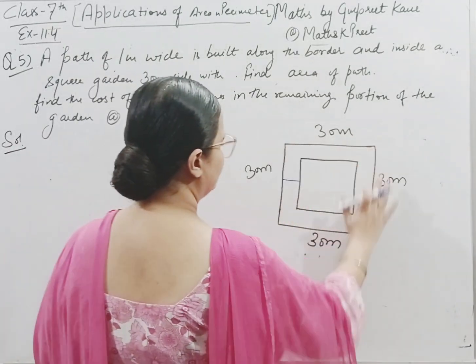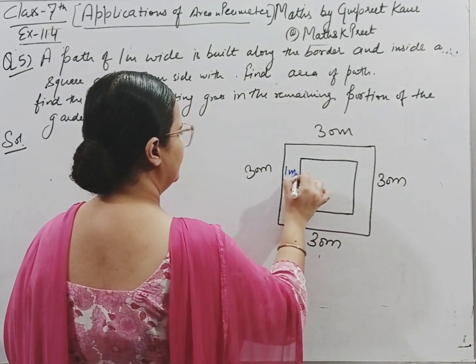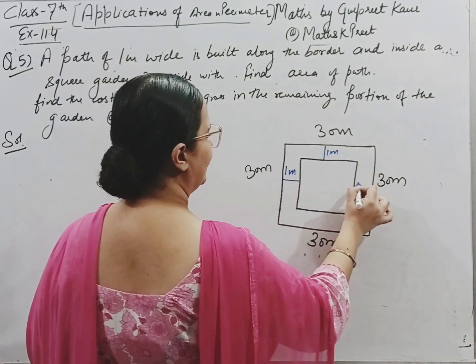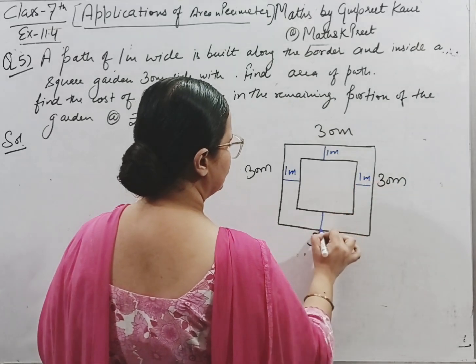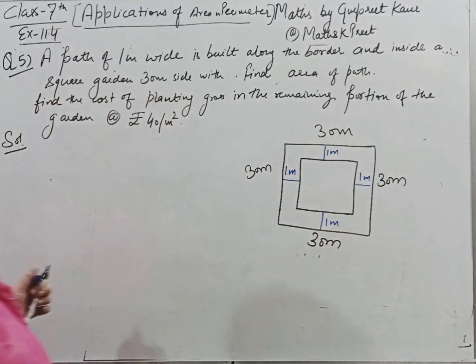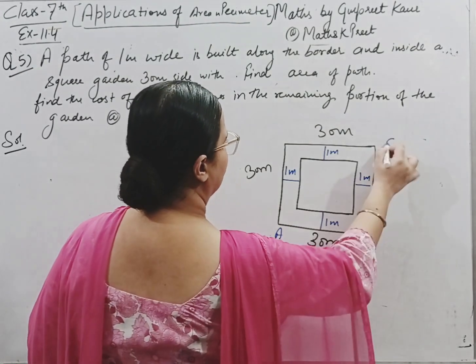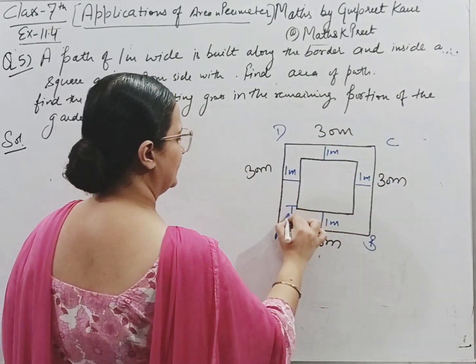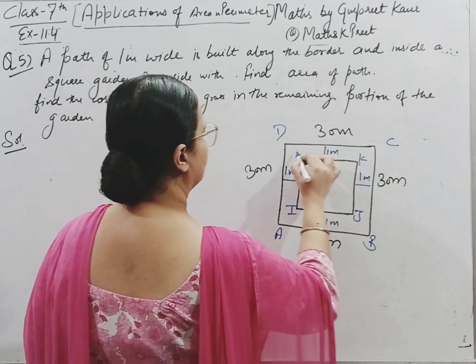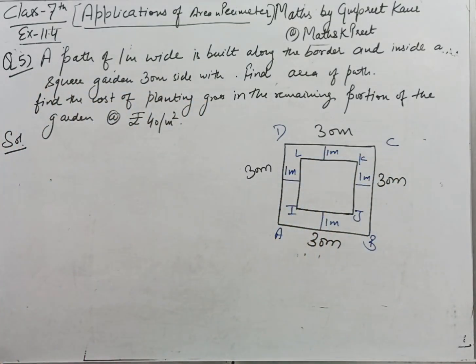This was a garden, and this is a 1 meter broad path built inside and along the garden. Fine, let me name the figures ABCD, IJKL. Okay, find the area of path.